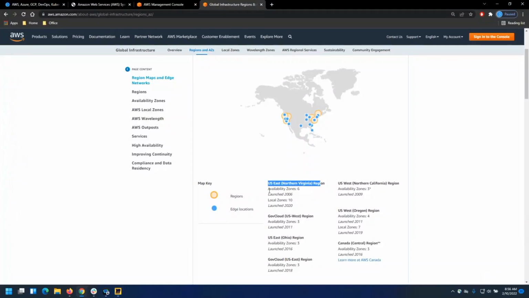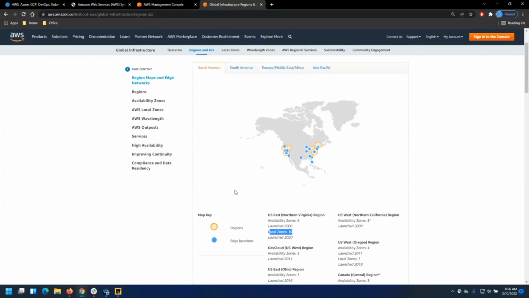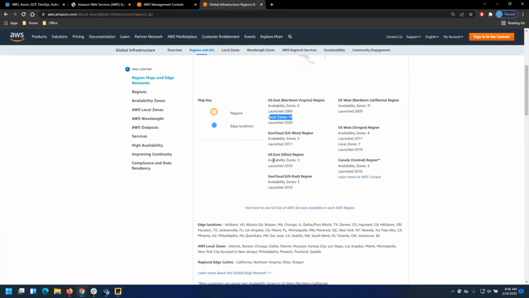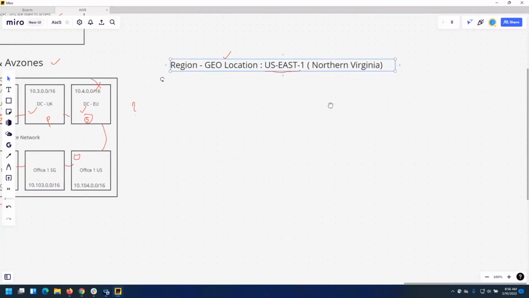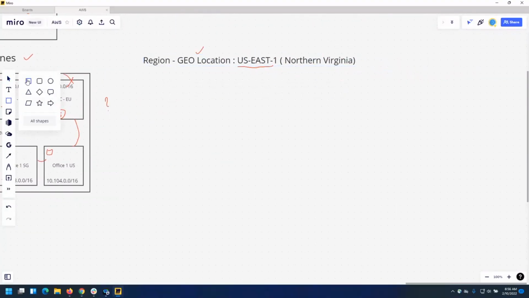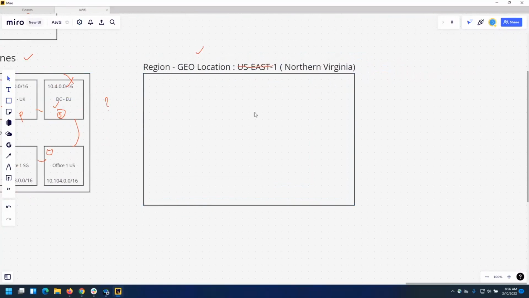Availability zones are 6. Local zones are 10. What does that mean? Availability zones and local zones. So let's talk about availability zones. Within AWS, you have one region. One region means, as I mentioned, a geolocation within AWS.